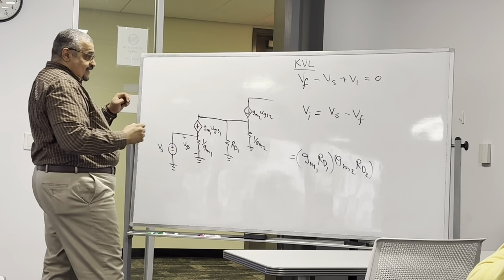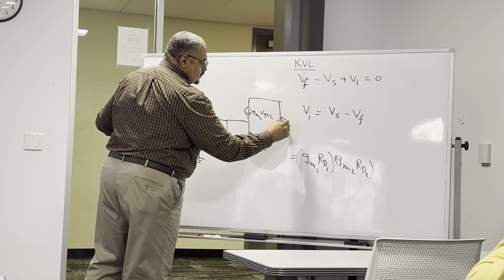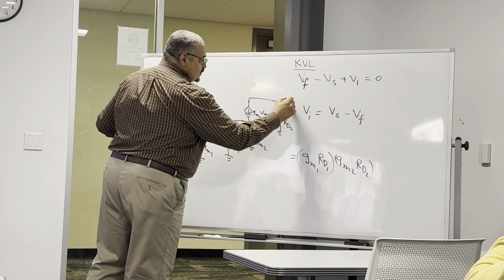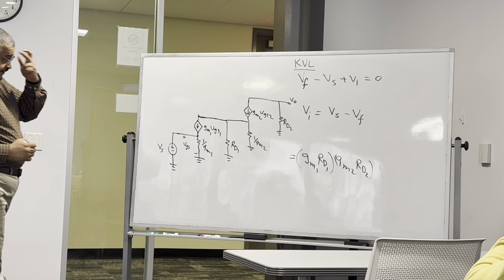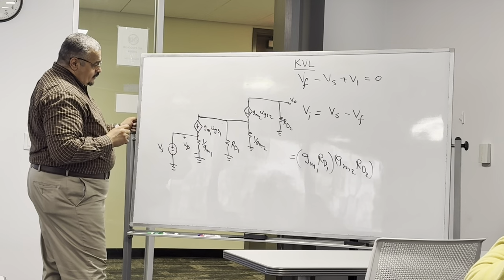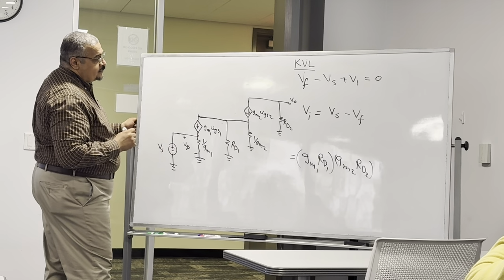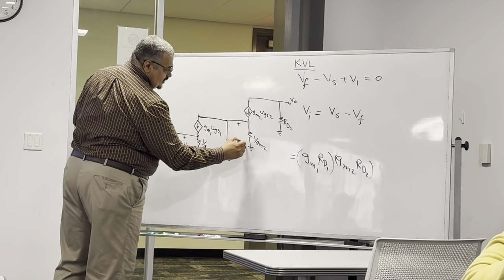And then you have RD2, and this is Vout. Now I can start analyzing this circuit. Okay, now this is VGS2.